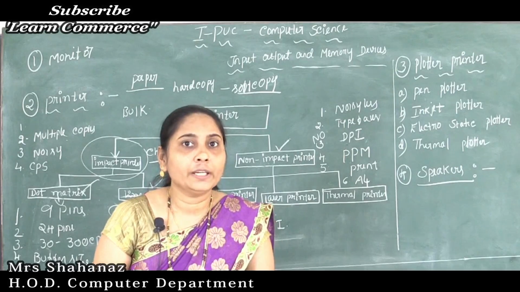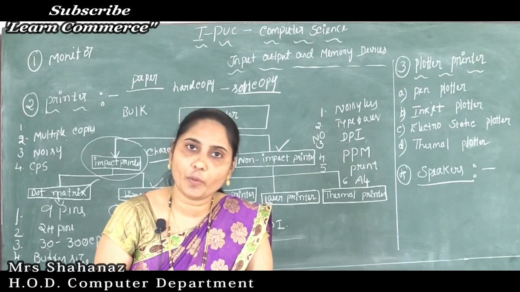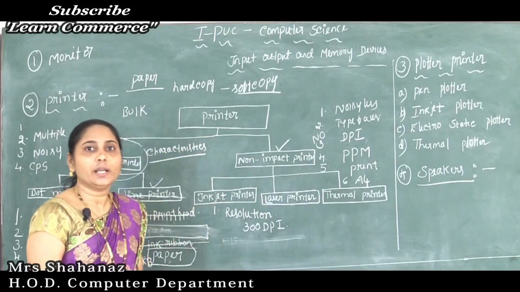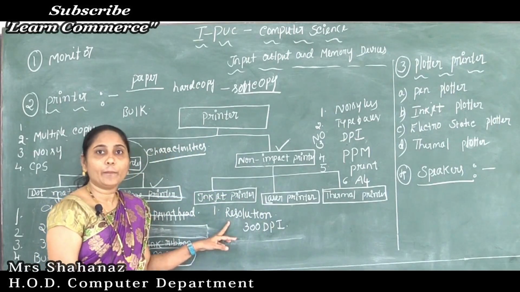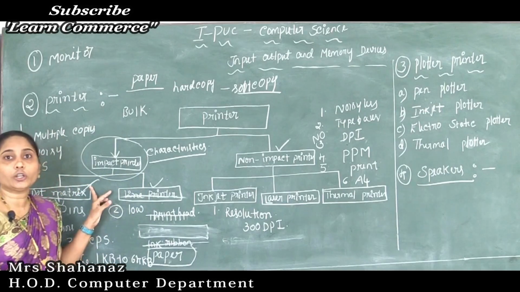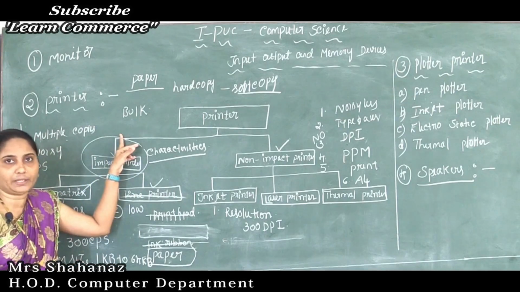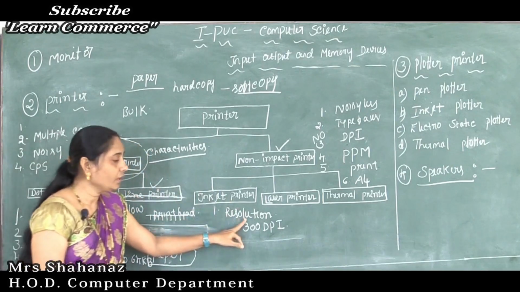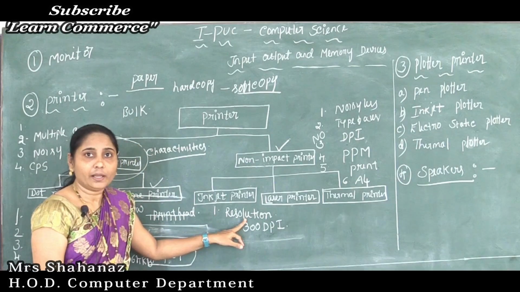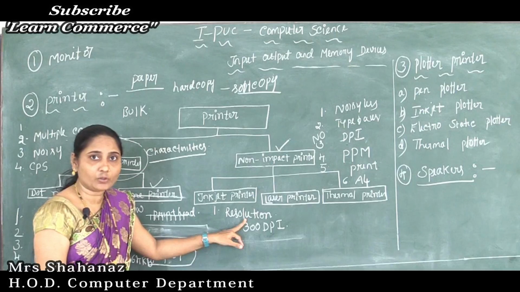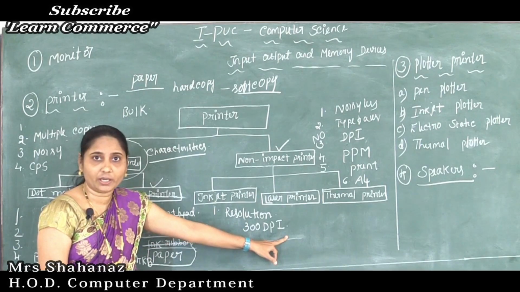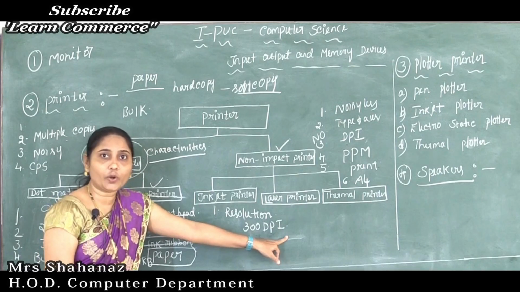It is going to produce the information or any graphics, that is called images, in a high quality manner compared to dot matrix, that is impact printer. The quality of the display is around 300 dpi, dots per inch here.